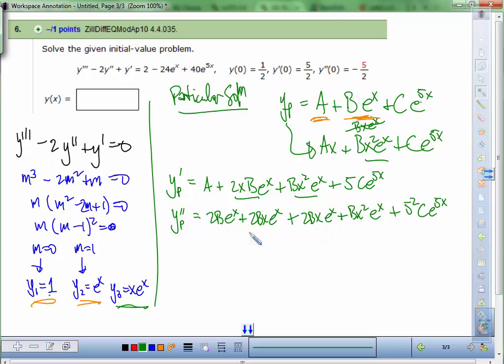Now it might be worth it to combine these two things, we can only combine two things. That would be 4bx e to the x.